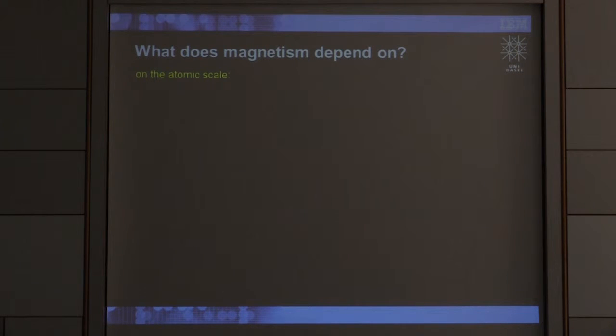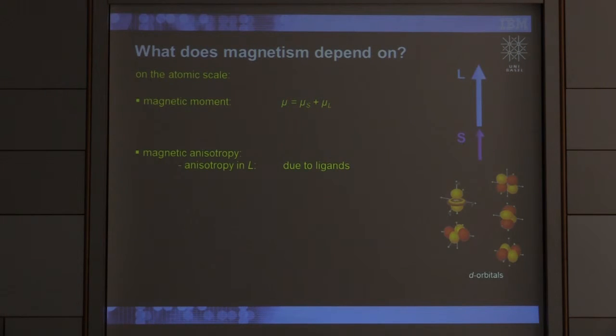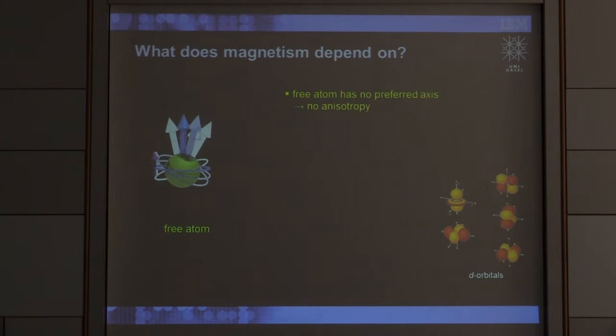Now, on the atomic scale, the magnetic moment consists of spin and orbital moment. And the magnetic anisotropy comes due to anisotropy in the orbital moment, which comes from ligands surrounding the atom on your surface or in a molecule. And also from spin-orbit coupling, which couples the spin and the orbital moment together.